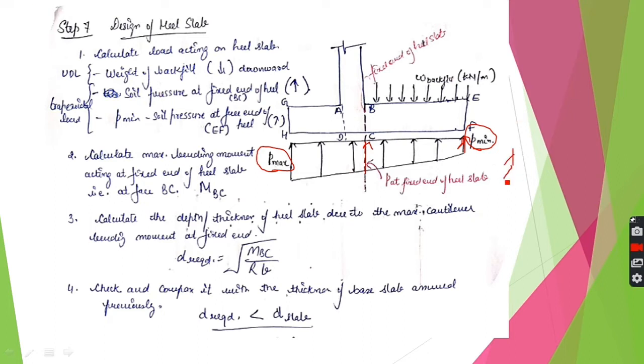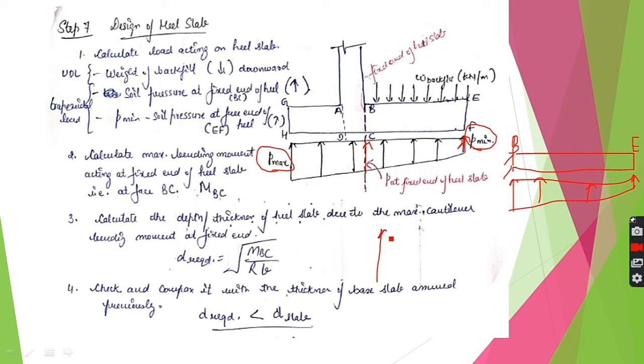So this is your cantilever. Consider it as a cantilever beam with fixed end at B and free end at E. Now this is the upward load acting here, and this is the upward load acting here. This leads to a trapezoidal load like this. We don't know this value yet, that is, at the fixed end B. So how will you calculate it?